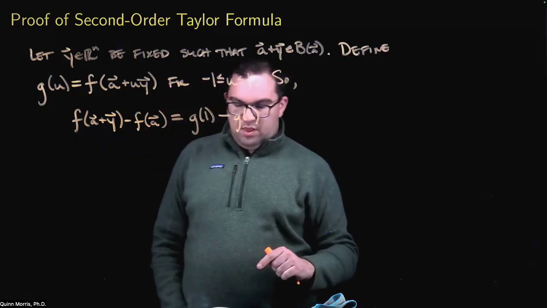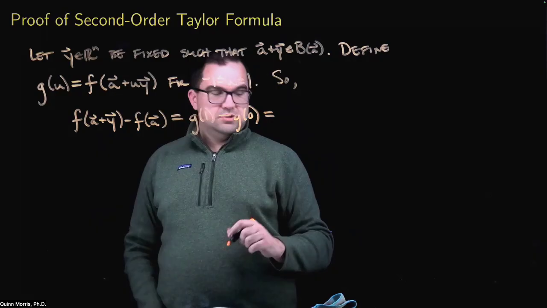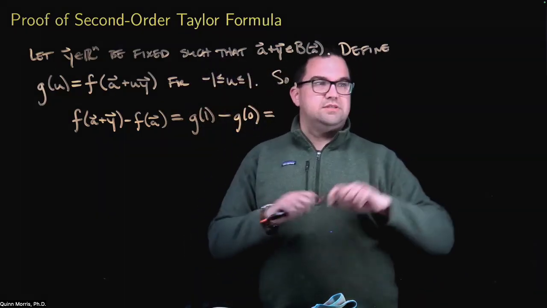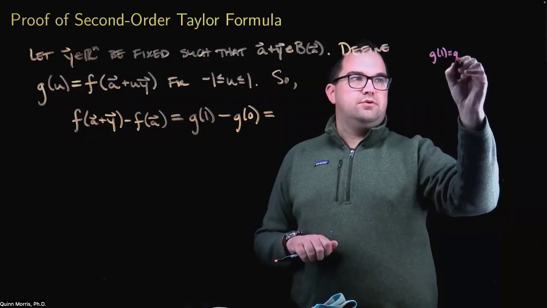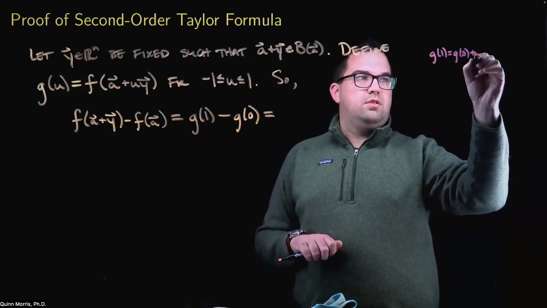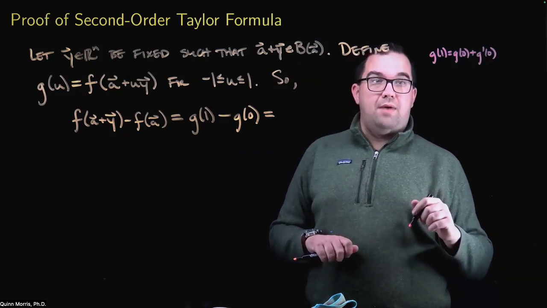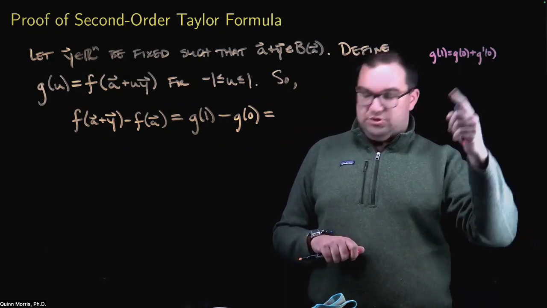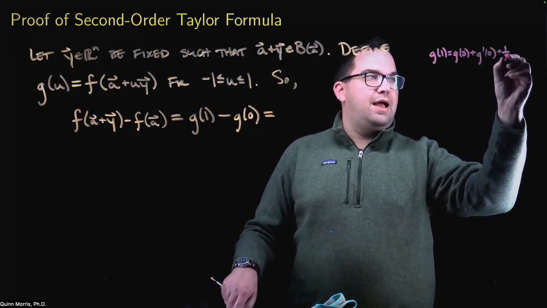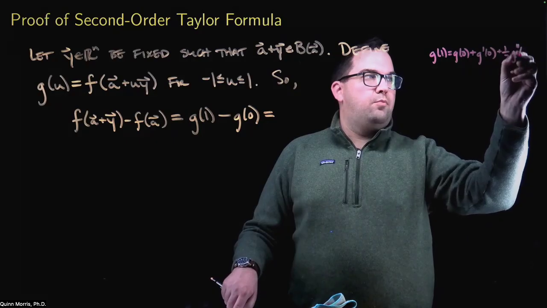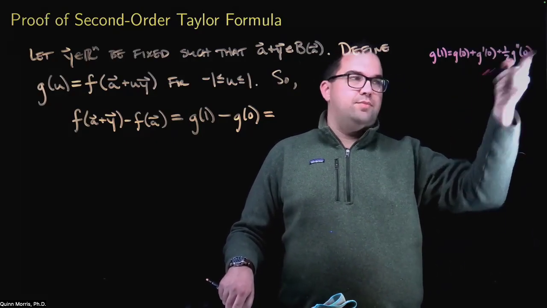And now I can apply Taylor's theorem here. If I use the normal version of Taylor's theorem, I'd say g of 1 is equal to g of 0 plus g prime of 0 times 1 minus 0, but that's just 1, plus 1 half g double prime of 0 times 1 minus 0 squared, but again, that's just 1.